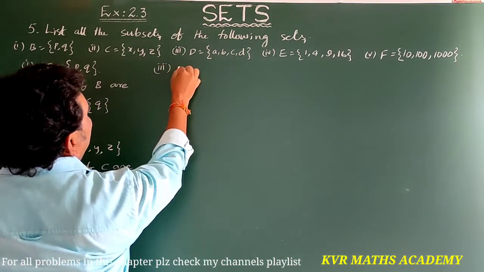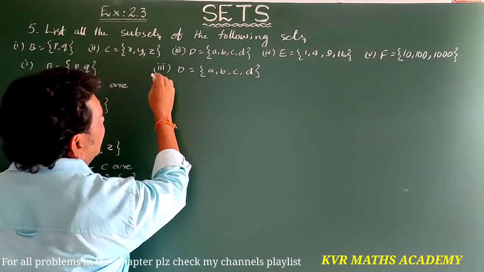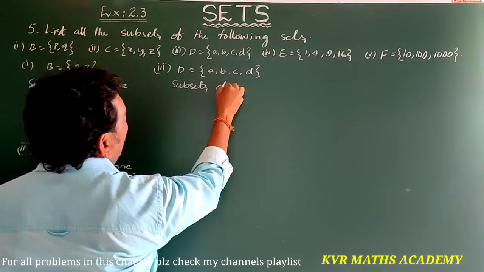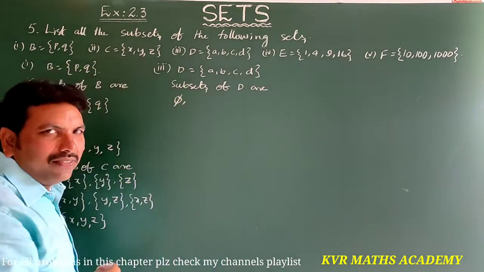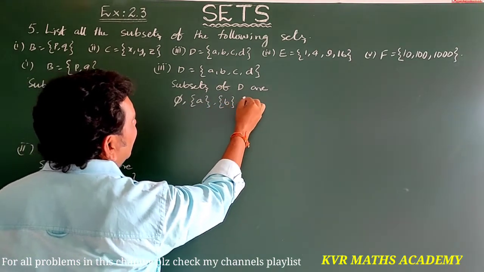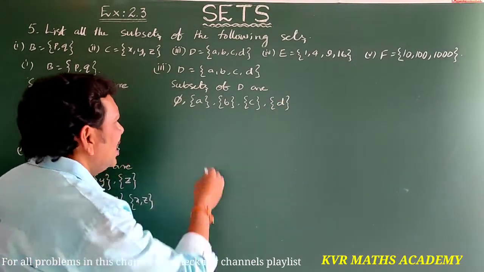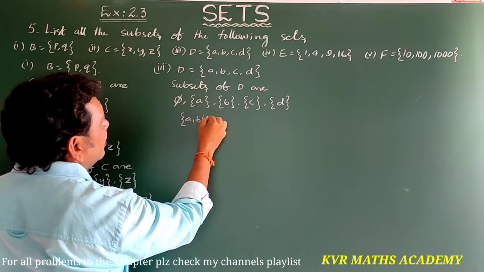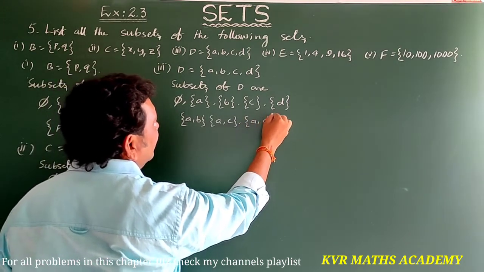Third, D is equal to set of A, B, C, D. Subsets of D are, first, null set. Next after that, set of A, set of B, set of C, set of D. Next, two elements: set of AB, set of AC, set of AD.